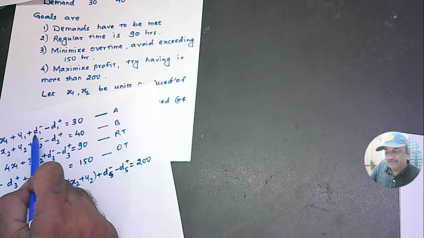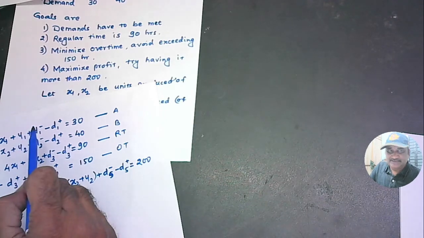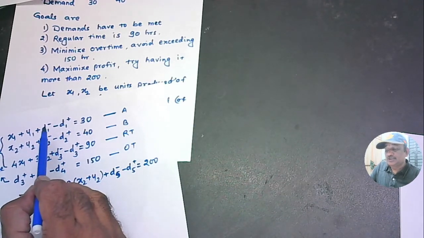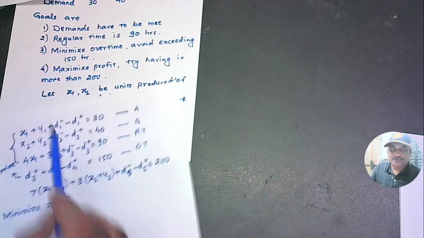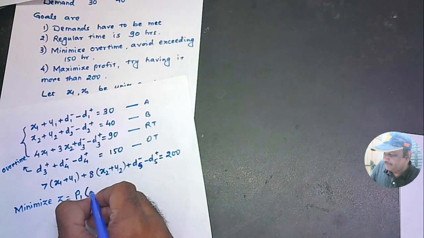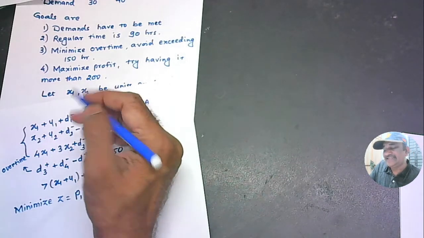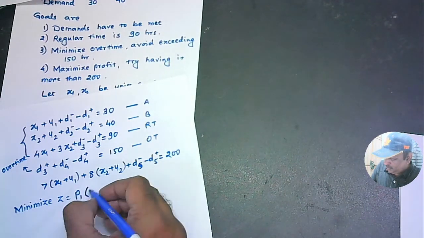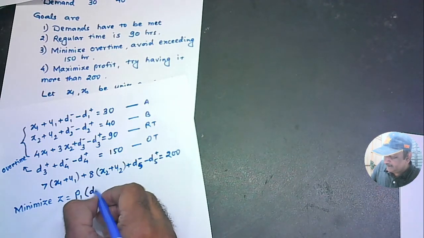I want to minimize D1 minus; it should be as close to 0 as possible. I want D1 plus as much as possible, so I want to minimize D1 minus.